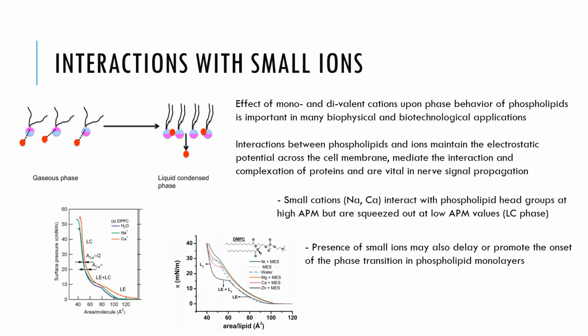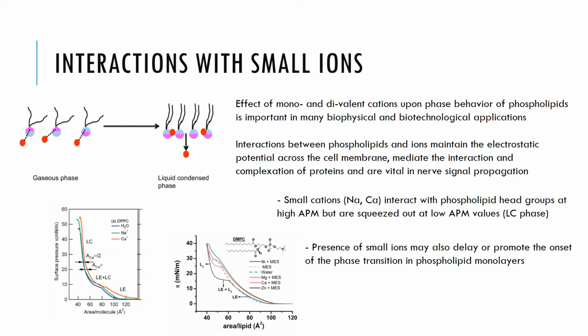And this is really important because that Langmuir monolayer is essentially a model for the cell membrane. It's as close a model as we can get. We can't replicate the cell membrane, but it's as close a model as we can get to studying what happens when we put various things in the vicinity of the cell membrane.